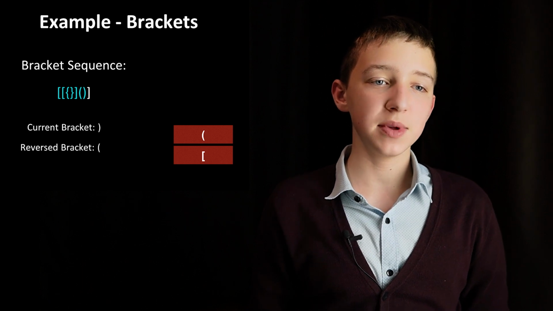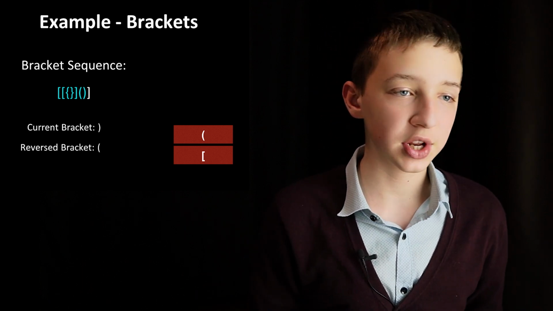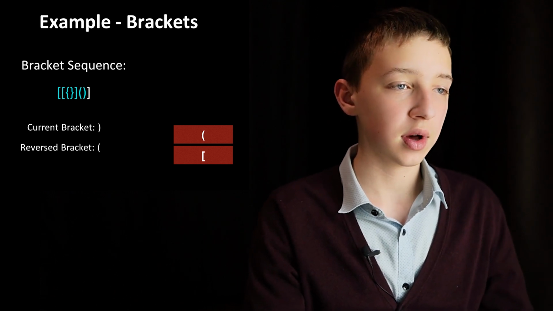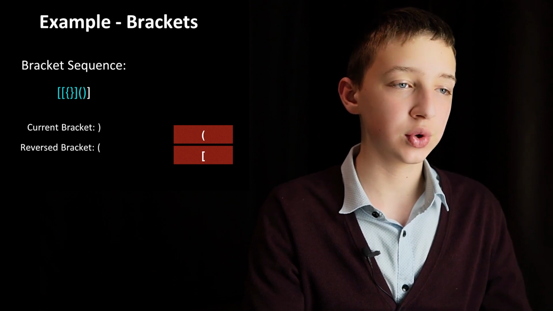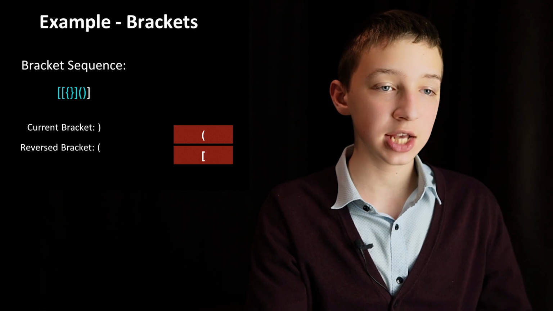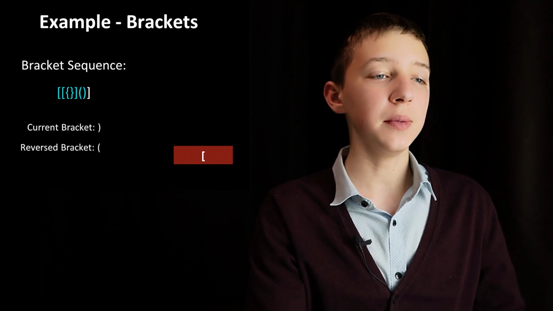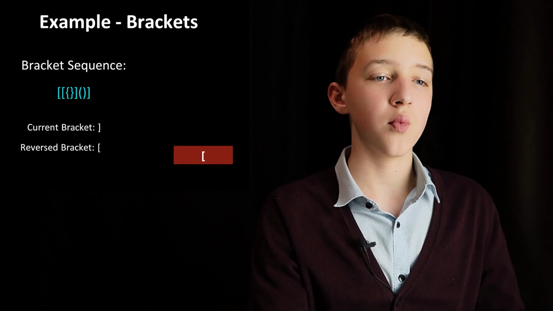Now, is the top element of the stack equal to the reverse bracket? Yes, it is. So we're good, and we're popping this element and going to the next right bracket.